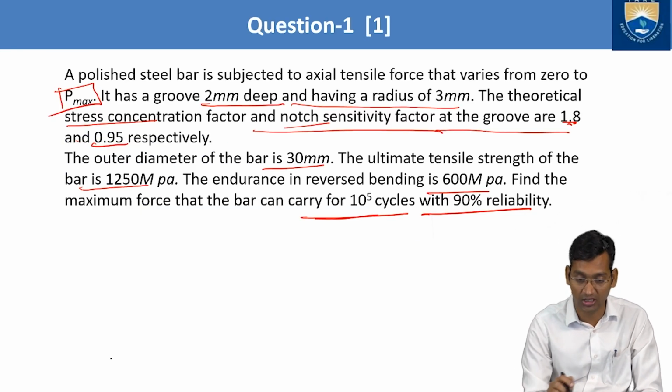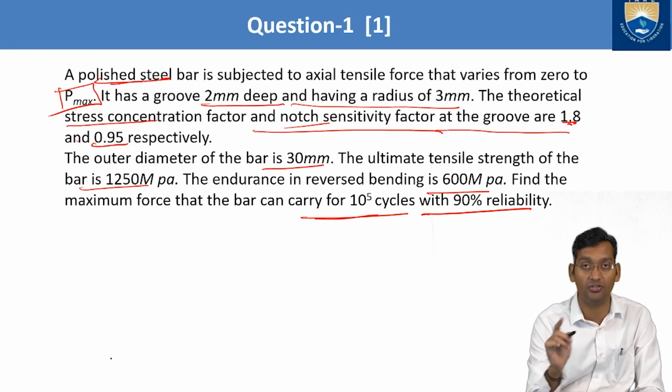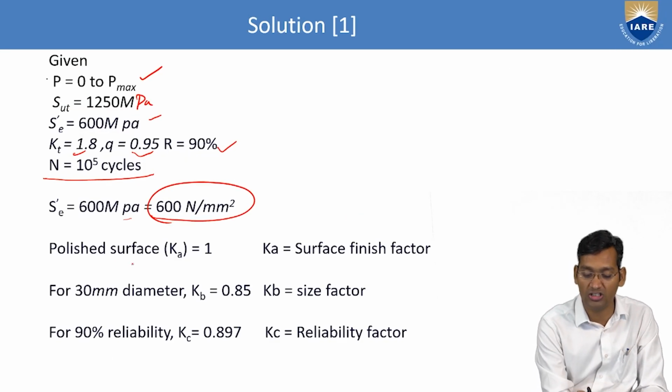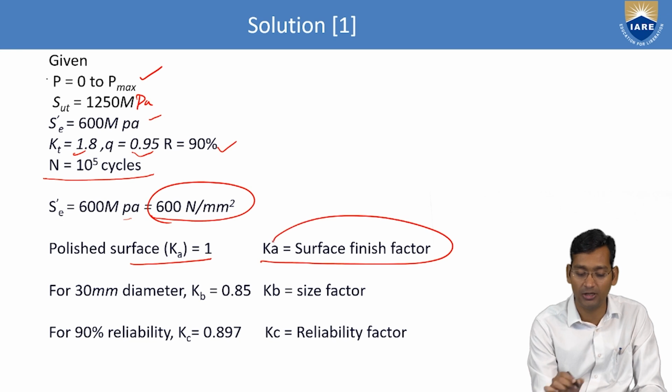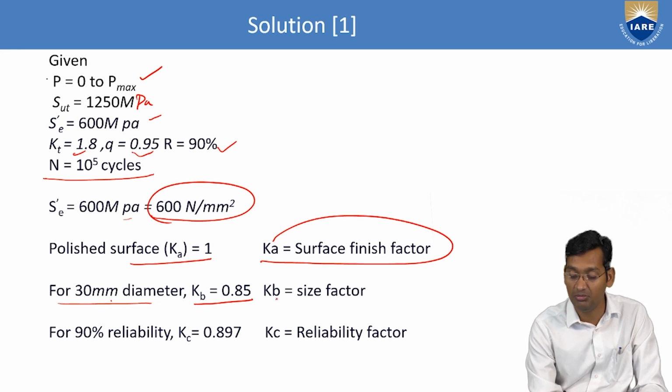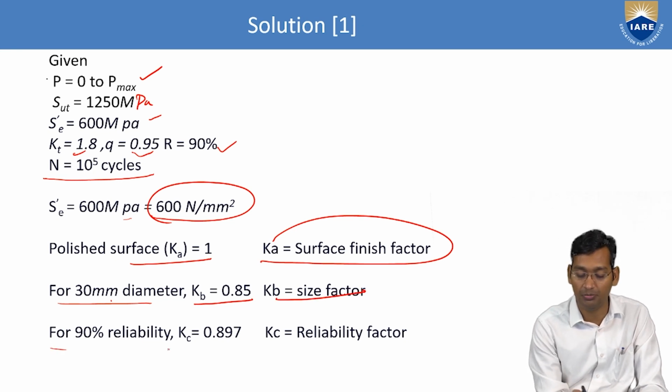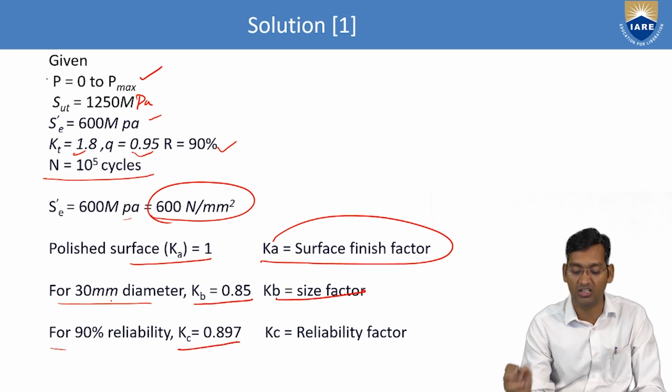For a polished surface, Ka, the surface finish factor, is equal to 1. Kb is the size factor, and for 30 mm diameter, from the chart, Kb is 0.85. Kc is the reliability factor, and for 90% reliability Kc is 0.897.